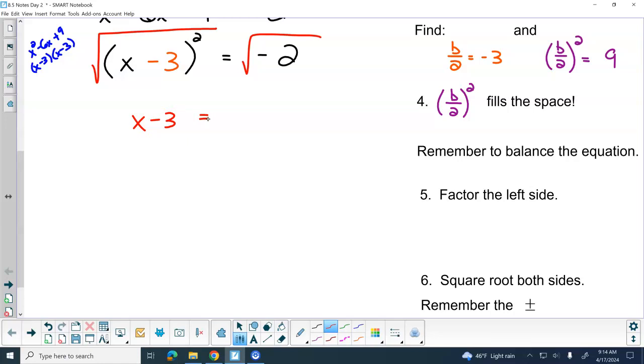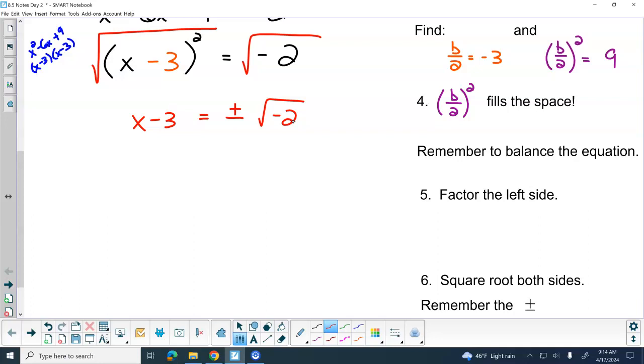The square root of something squared is just that something. So the square root of x minus 3 quantity squared is just x minus 3. And then on this side, I get plus or minus the square root of negative 2.